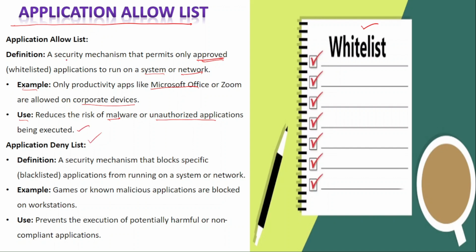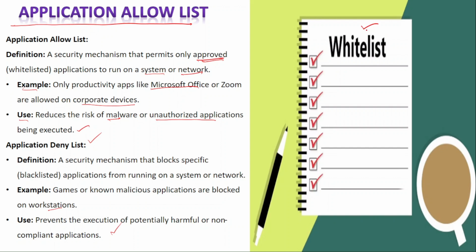Application deny list: you can control applications either through a whitelist or through what is known as a blacklist. It is a security mechanism that blocks specific or blacklisted applications from running on a system or network. Examples include games or non-malicious applications being blacklisted on workstations, and it prevents the execution of potentially harmful or non-compliant applications. So which one is more secure, whitelisting or blacklisting?